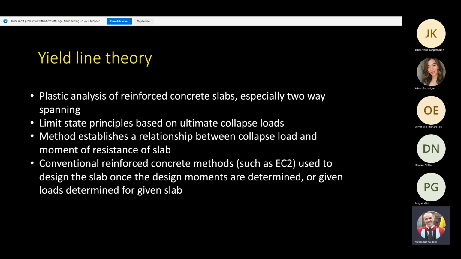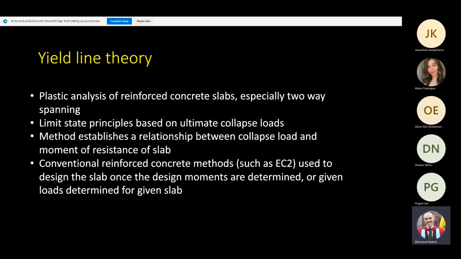If you use the code, it gives you the moment, and you can determine the collapse load. Or if you do a test in the lab, it gives you the collapse load, and therefore you can determine the moment. I'm just saying this so that you understand the practicalities of the theory.